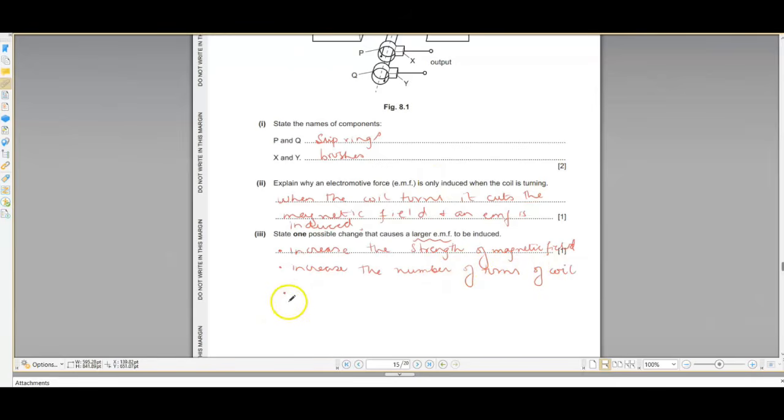And then you can also do this by increasing the speed of rotation of the coil. So these are the three things you can use to increase the EMF that is being induced.